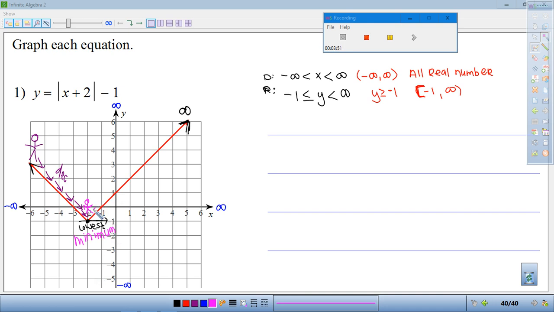And now I have to start walking up, up, up, up. And I keep walking up forever. So where did I stop, take my break at? I stopped and took a break at the x value of -2.